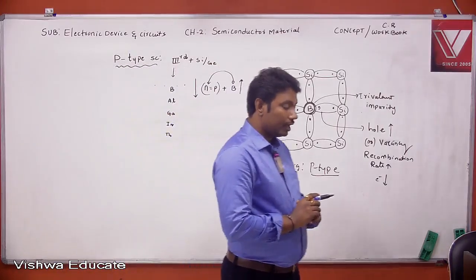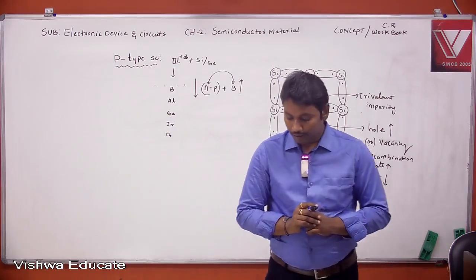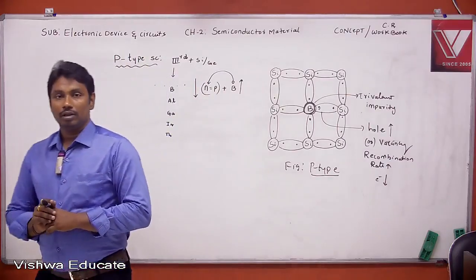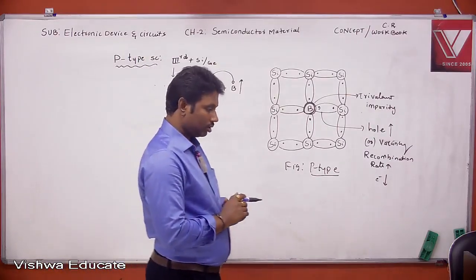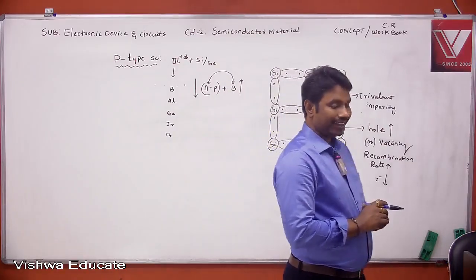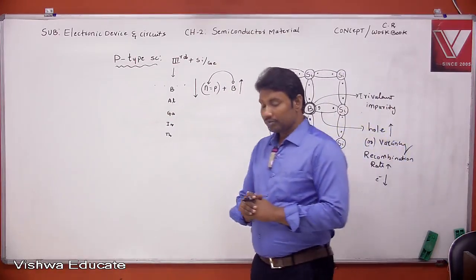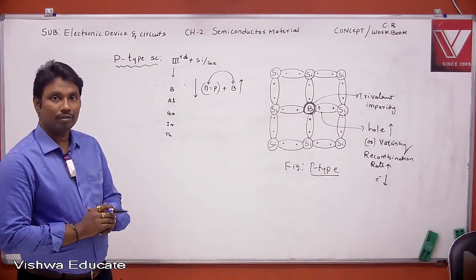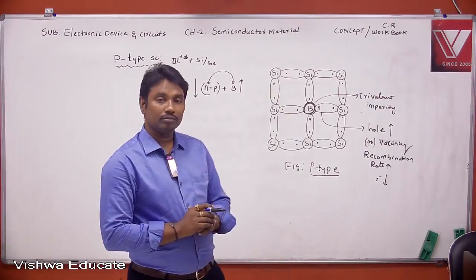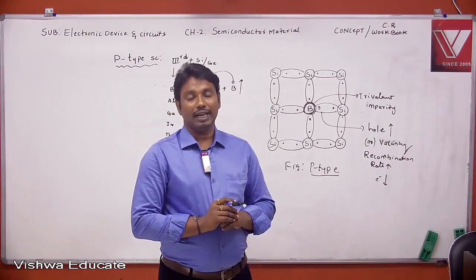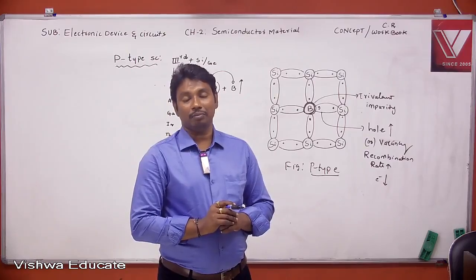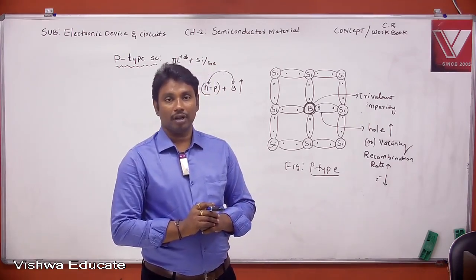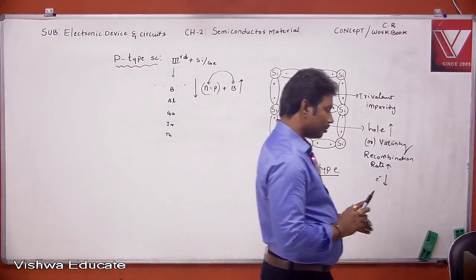The added trivalent impurity can accept the electron from the nearby atom, so that it is also called as acceptor impurity. Yeah, underline acceptor impurity.